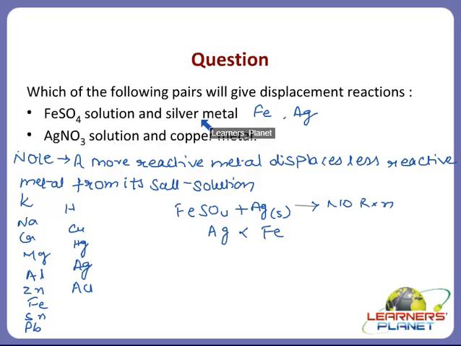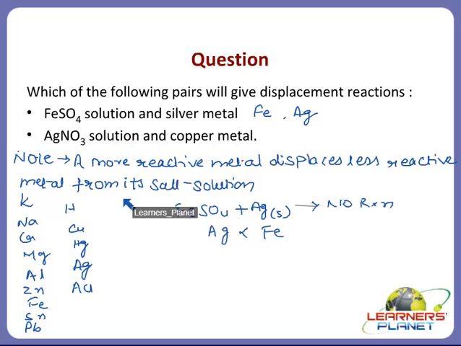So your answer would be there is no displacement reaction because silver is less reactive than iron and it cannot displace iron from its salt solution. So you can easily keep silver in iron sulfate solution. But if I am doing vice versa, there is silver sulfate and iron, there will be a displacement reaction.